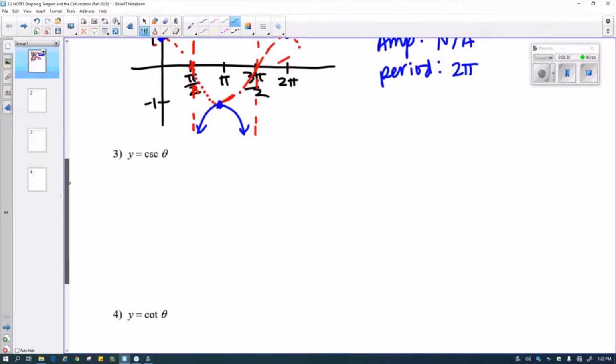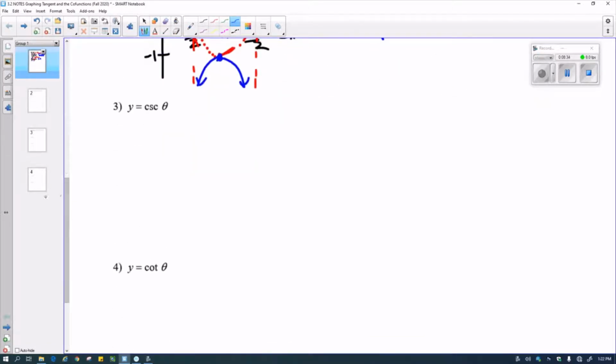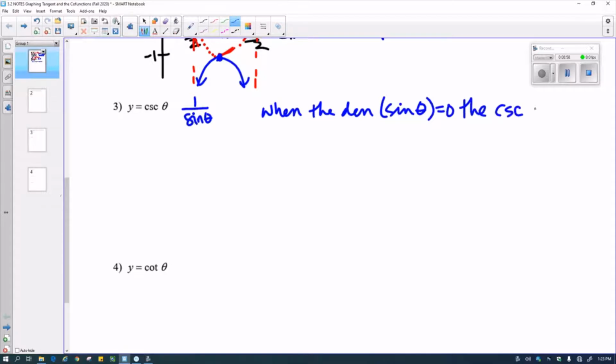Moving on to cosecant. Well, the difference between secant and cosecant is my graph here is 1 over sine. So cosecant will be undefined when the sine is 0. So when the denominator, in this case sine, is 0, the cosecant is undefined.